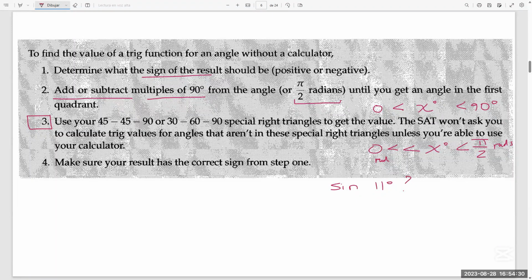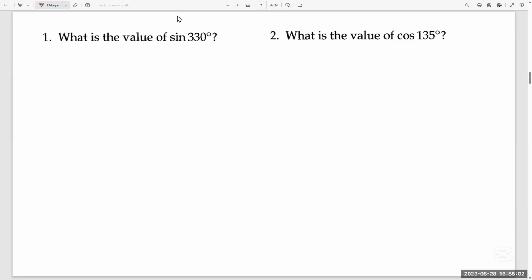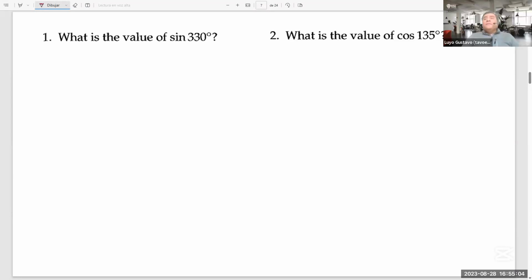Let me show you a few examples. What is the value of the sine of 330 degrees? First of all, let's determine where this angle is if we draw it.